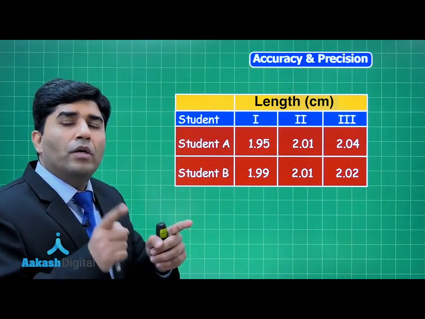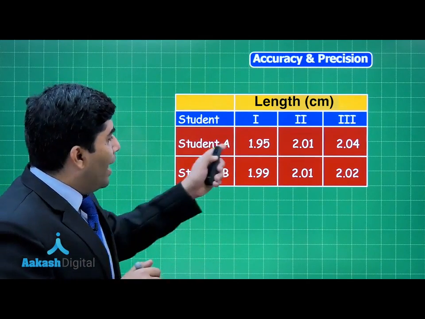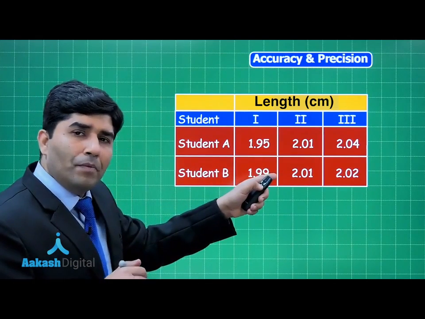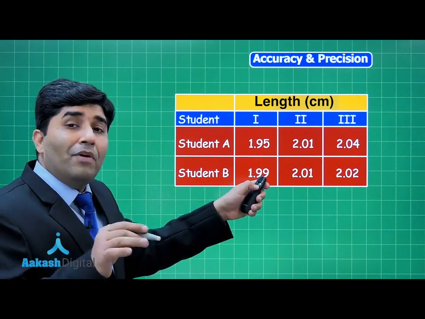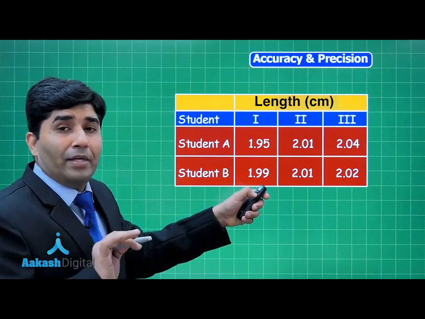Let's talk about accuracy. Now they have got three values, both of them. What they will do? They will find the mean of it.